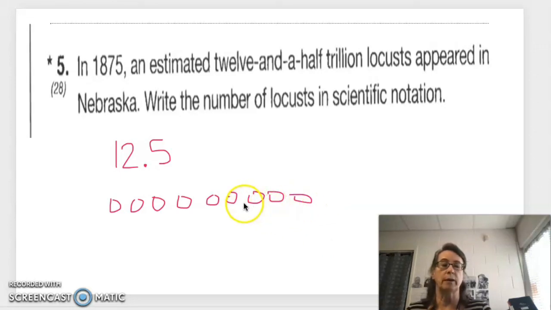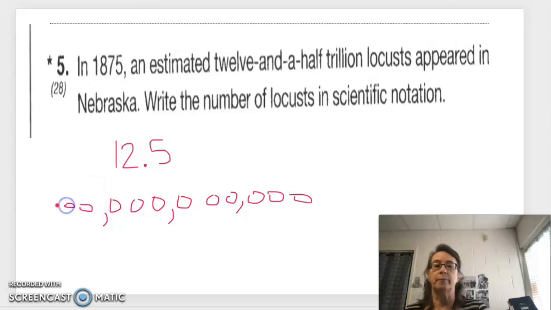So 1, 2, 3, comma. Okay, so that's thousands, 10,000s, 100,000s, and 100,000s is the same as a million. And then the comma here would be a billion. And so we need 3 more, don't we? And then that would be 1 trillion.